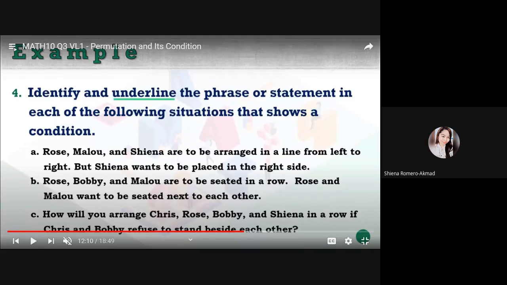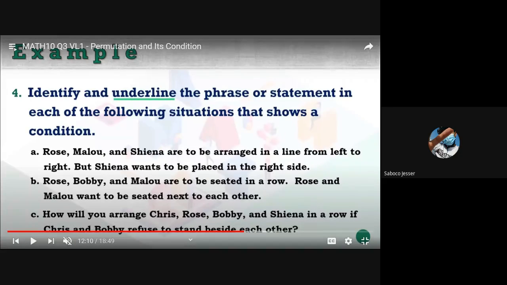Letter C. Alin yung statement? Basahin mo muna.